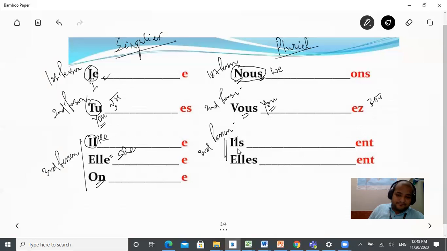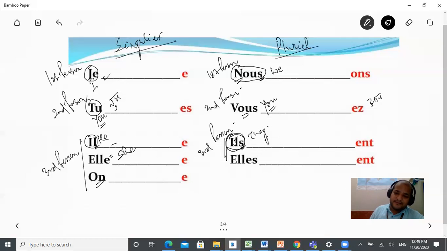This is il, and this S will be silent. So this third person singular il, and this will also be il. But when we make sentences, then only we'll come to know about this in a different way. We'll understand this as il, and this is they. When there is a group of boys, or it's mixed, boys and girls in the same group, we'll be using this ils in that case.